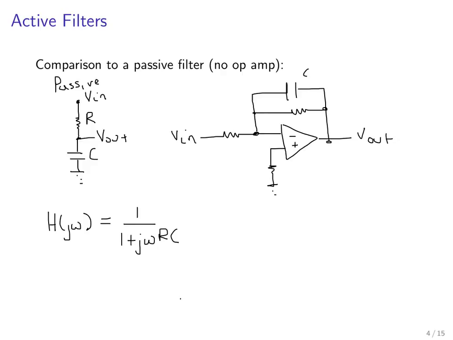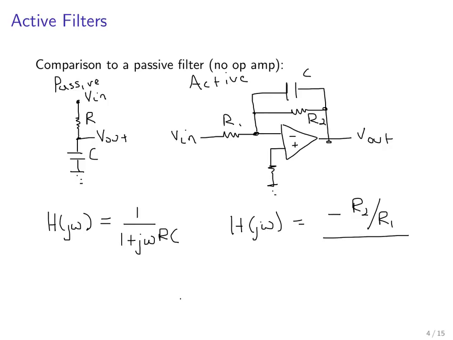We have a C and an R2, and then an R1. So this is our active filter. And its transfer function is going to be given by, as we saw in the previous slides, H of j omega for this filter is equal to minus R2 over R1 divided by 1 plus R2 times C times j omega.